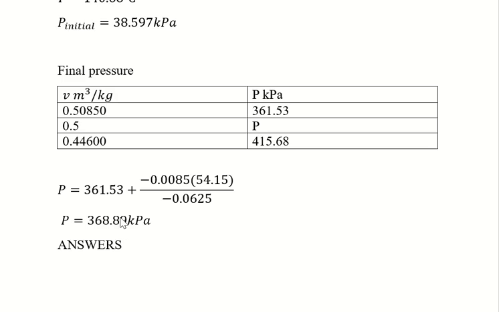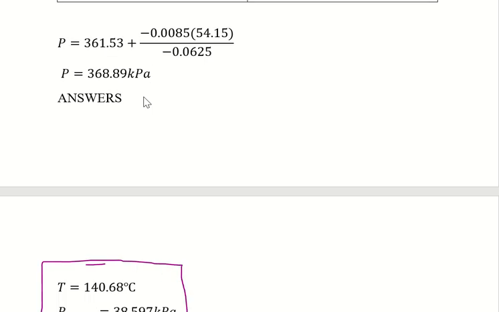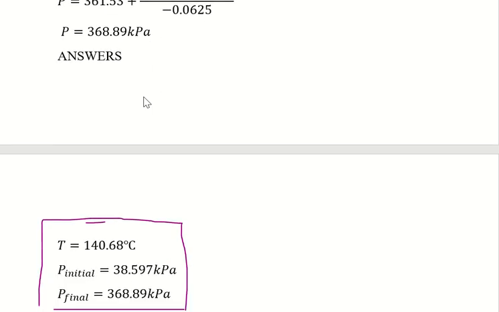That's the only difference. Here, the temperature is high and the pressure is also high. But for a compressed liquid, the pressure is high, but the temperature is low. There's a difference, and you want to know that, okay? It's going to help you.